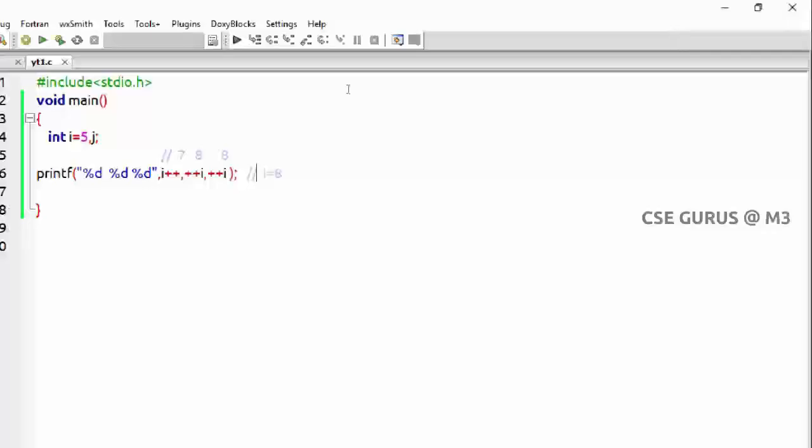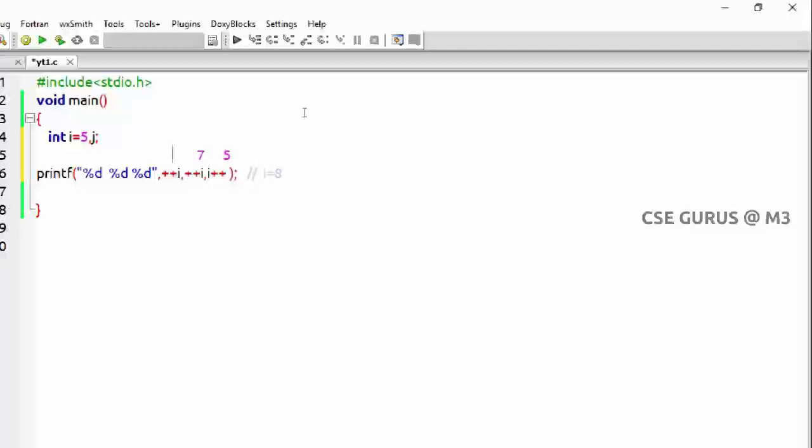I'll take one more like this. Here also I'll take plus plus I. Let me take here plus plus I, here I plus plus. Let's see what happens. The I value is 5, it is post increment, so the value is 5. Afterwards the I value is 6 comes here, 6 plus plus, here it is 7, and here 7 plus plus.